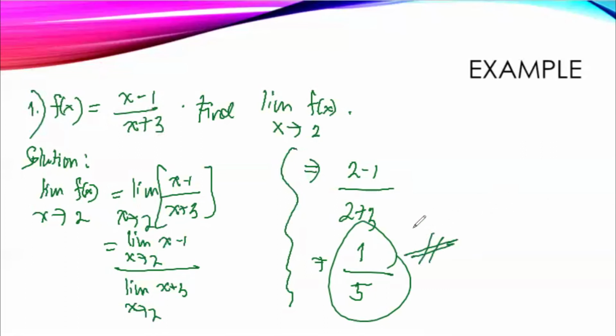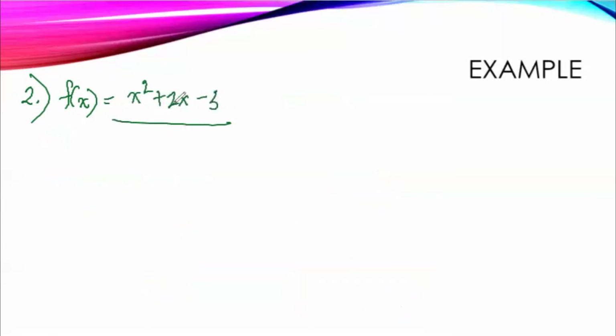Now, another example for the limit of the quotient of two functions. Example number 2. For example, our function is x squared plus 2x minus 3 over x minus 1.